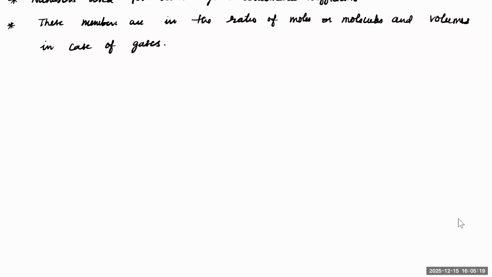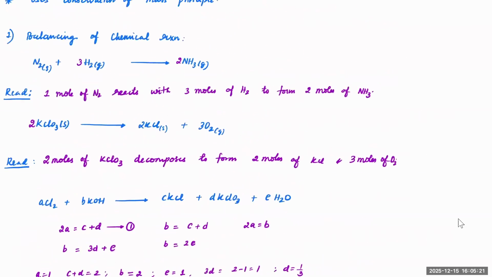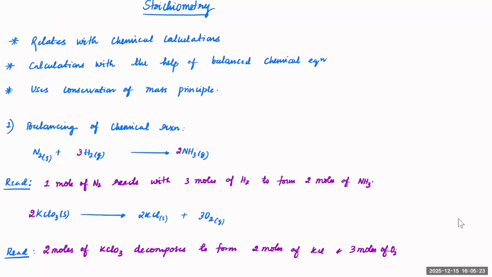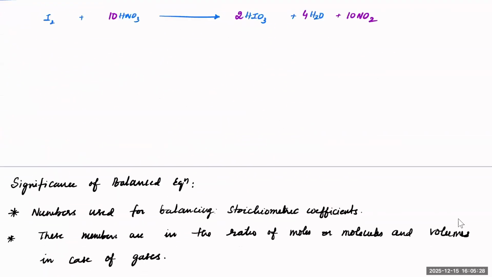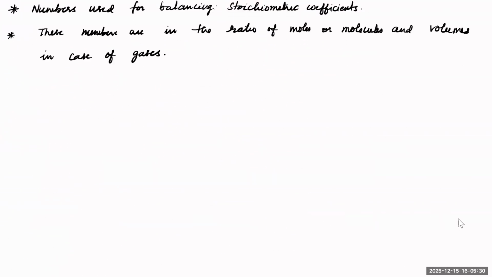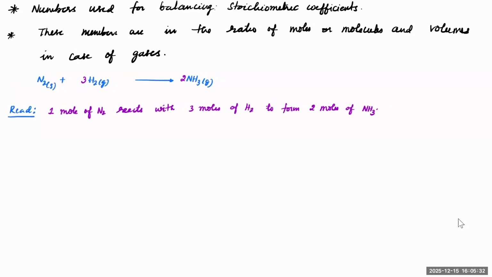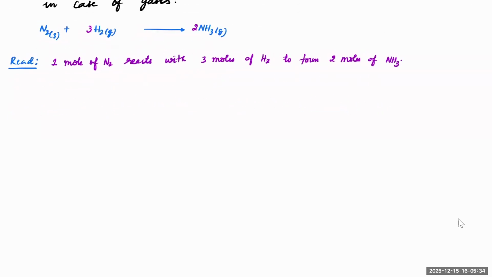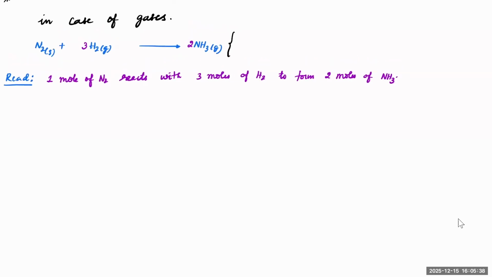Now, for example, if I pull the same thing here, how we have read the equation, I'll just show you that idea here. For example, if you consider N2 plus 3H2 giving 2NH3. This is the preparation method of ammonia known as the Haber process.